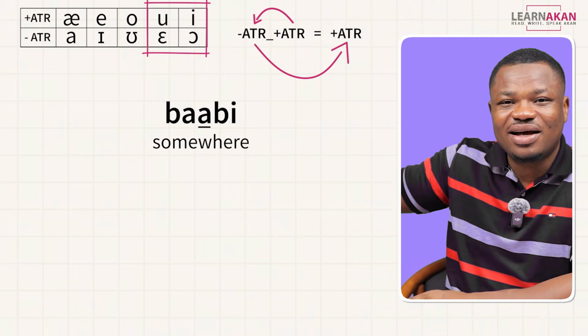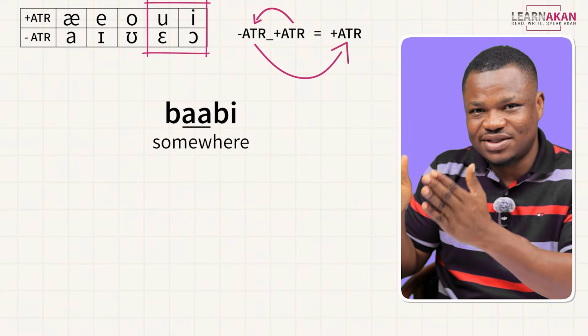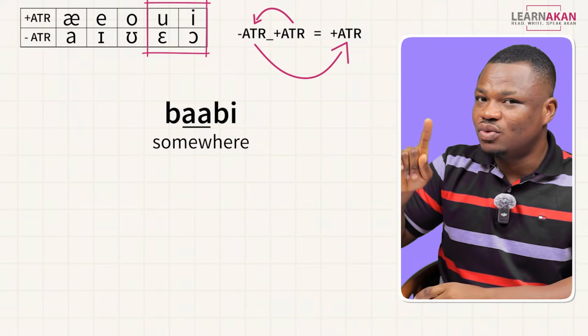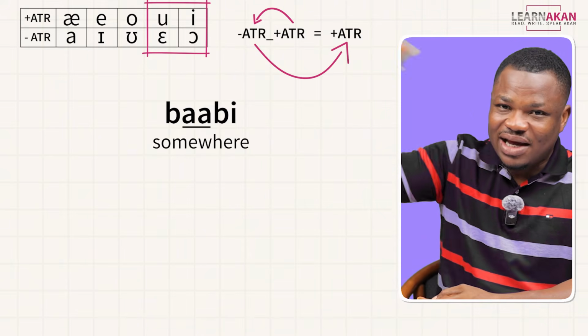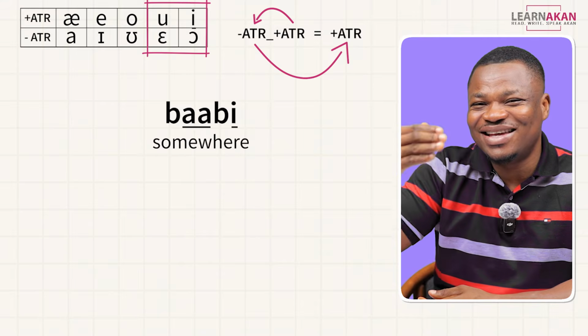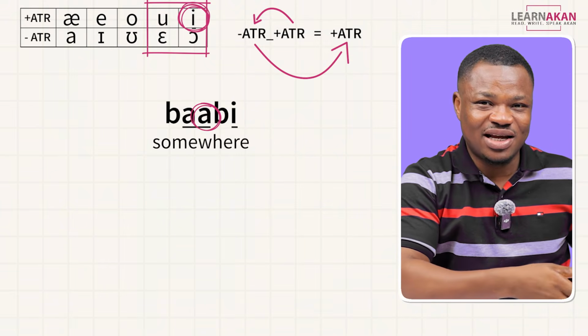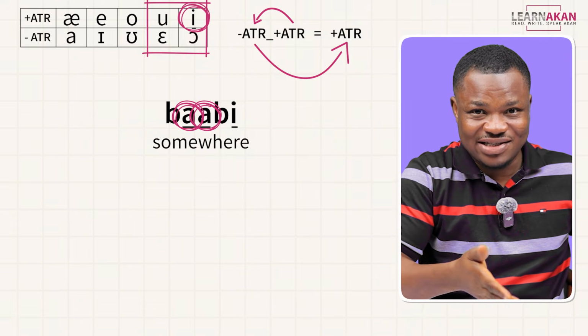Let's see another example. We have this one. Now we have A in the middle, but not just one. There are 2, right? So since we have the same vowel twice, we look at the next vowel that is different, right? The next vowel is E, and we know E is plus ATR. So we need to pronounce the A in the middle, both of them actually, because they are the same, right?